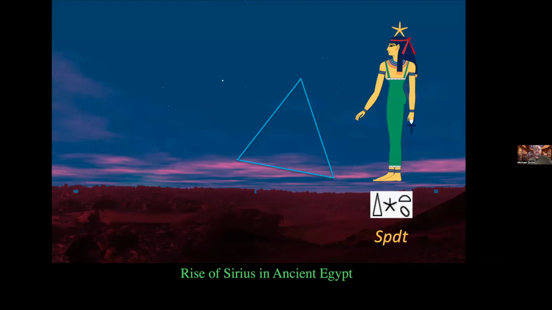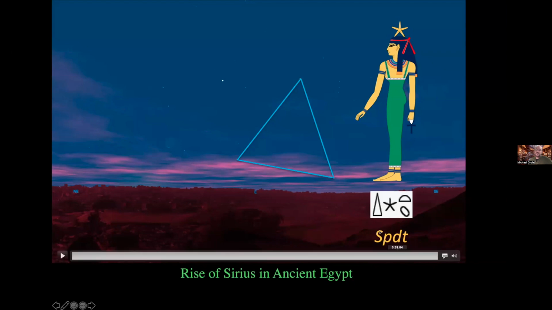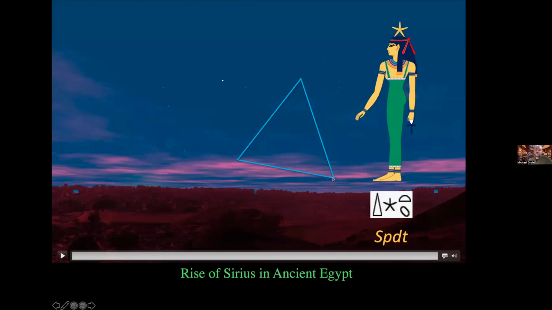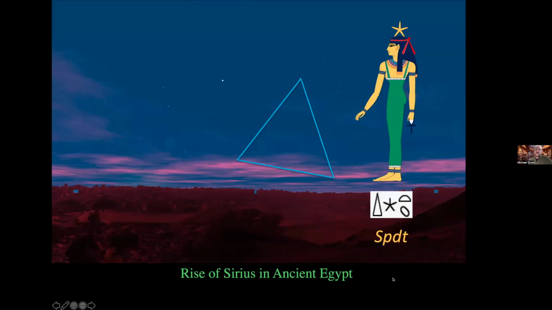So the Egyptians were using the sidereal year for their year, and they called this the Sothic year. The Greeks called it the Sothic year. Sothos is basically a Greek approximation of Sopdet, and Sothos is another name for Sirius. And so the Sothic year is basically a year of 365 and a quarter days.